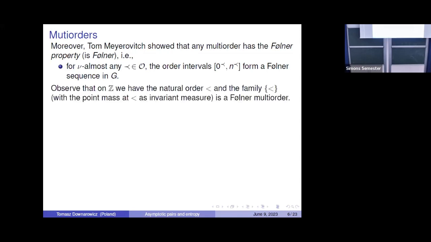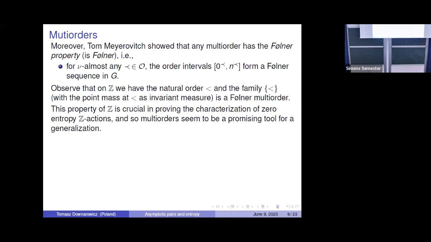So this one order is a family which is invariant because this order is invariant, and the point mass is a Følner multi-order on Z. So this is a direct generalization to other groups. These properties which I just mentioned are crucial in proving the classical theorems.